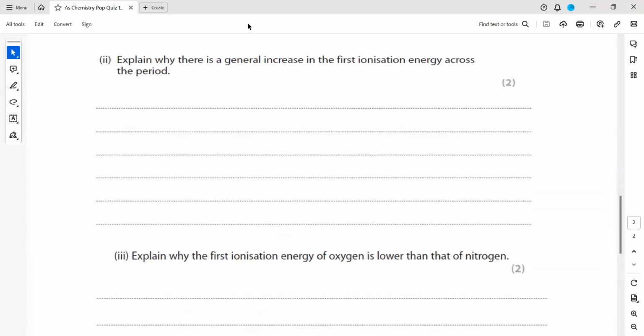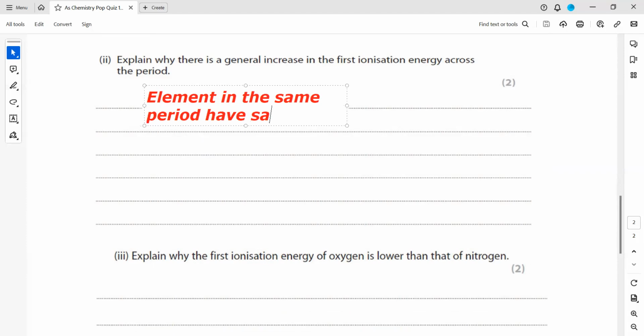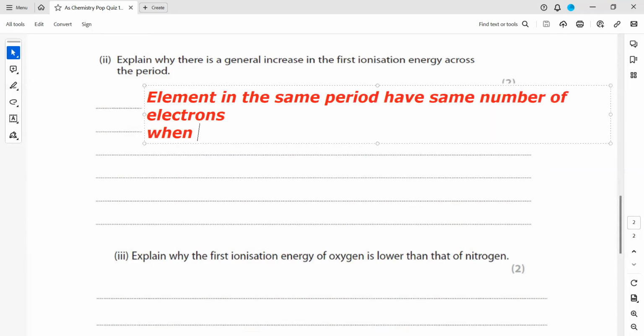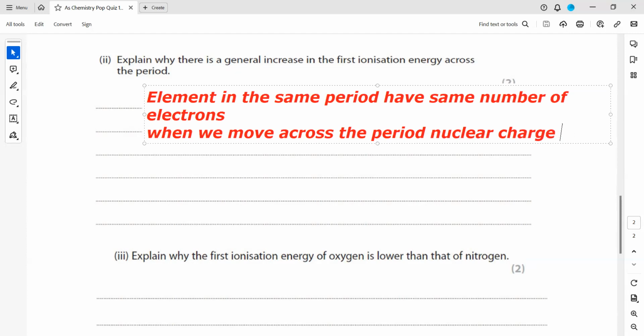So how do you write this answer? You will mention that the elements in the same period have the same number of electron shells. Then what will happen as we move across the period? The nuclear charge, or the number of protons, increases.